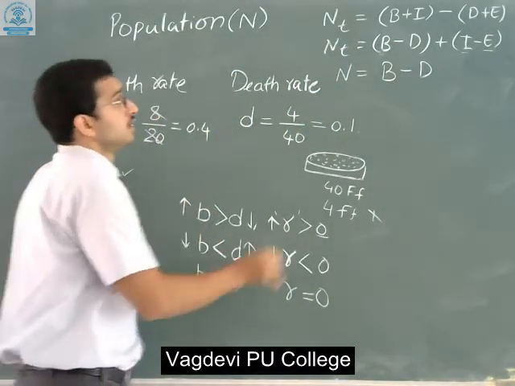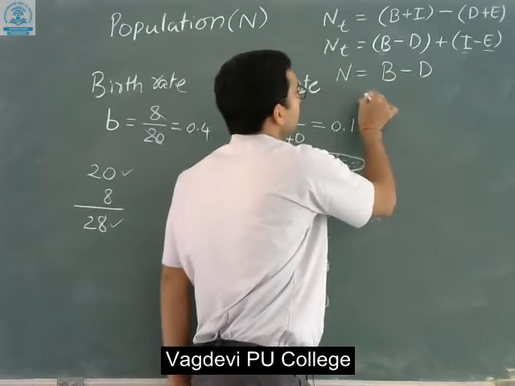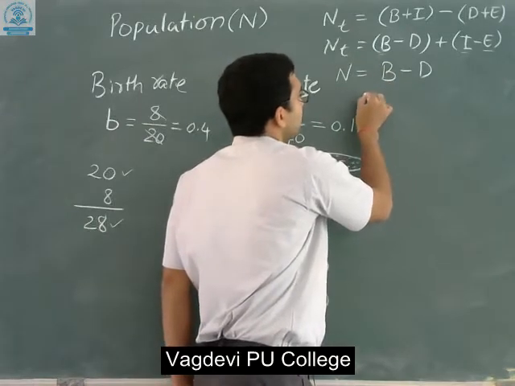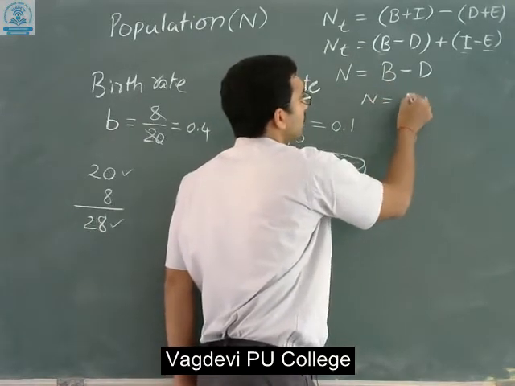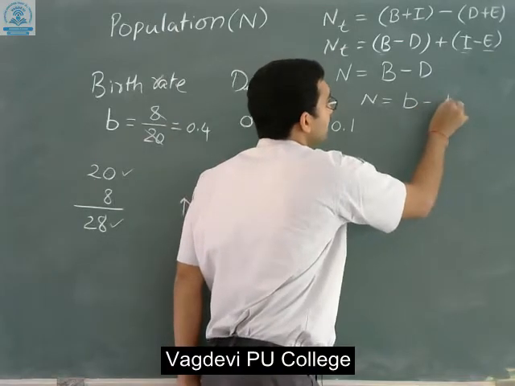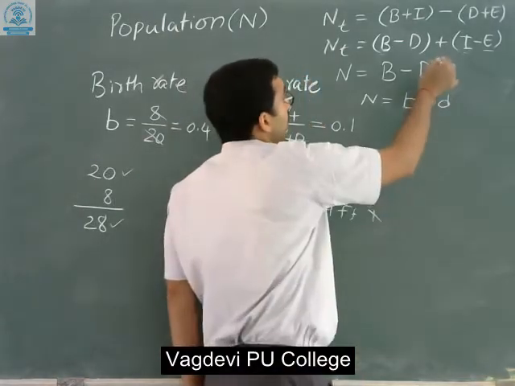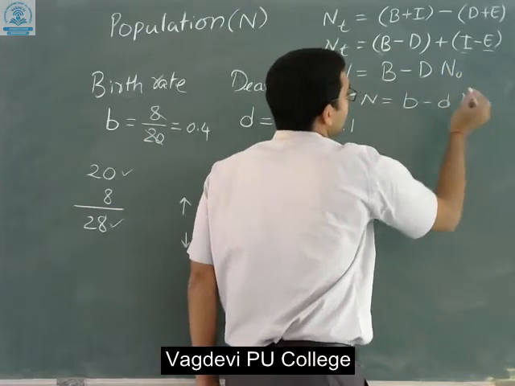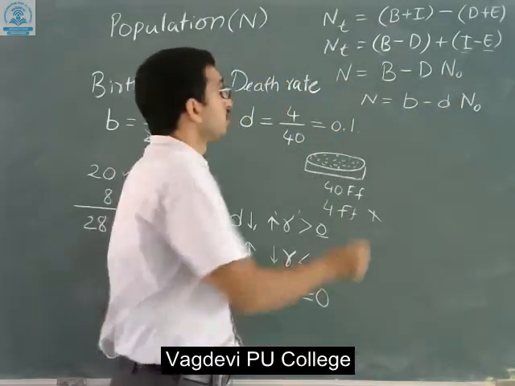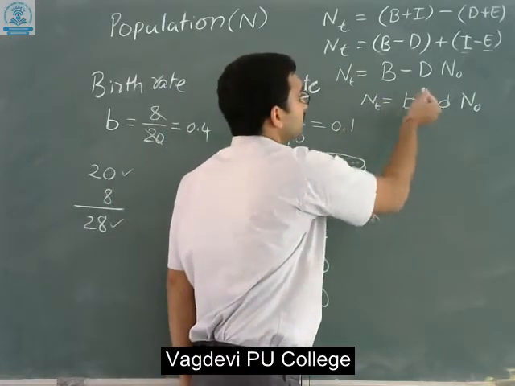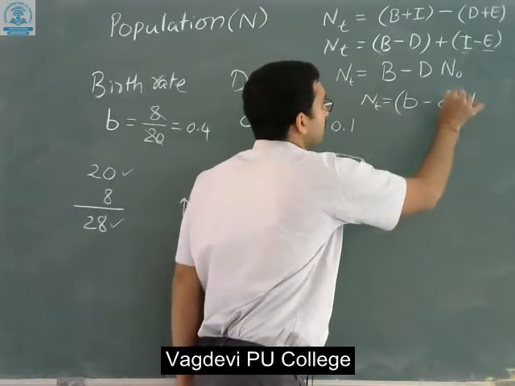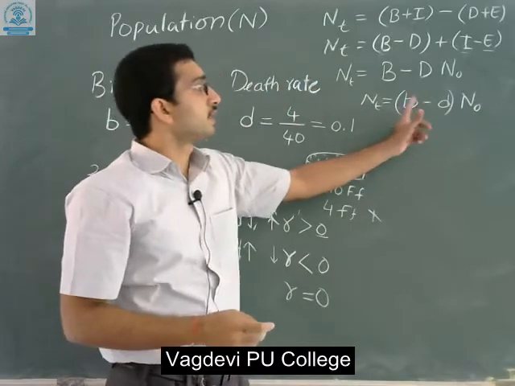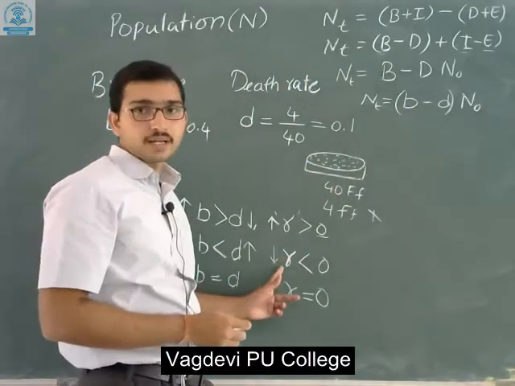Now here, the change in N can be directly represented as births minus deaths. As you know, this is completely dependent on the population at N. Birth rate and death rate are dependent upon the per capita growth rate.